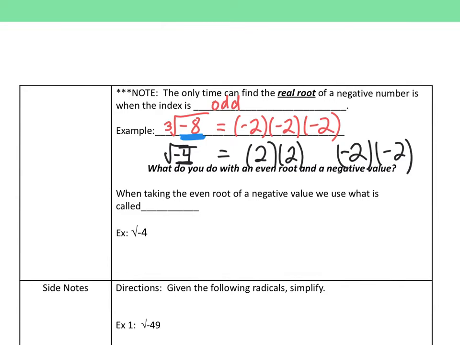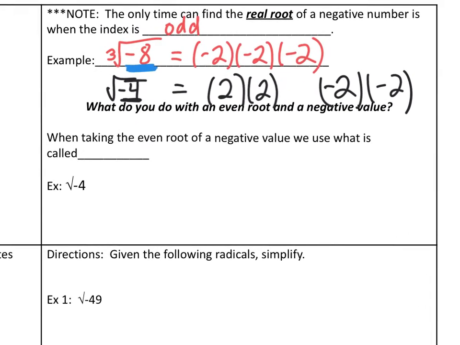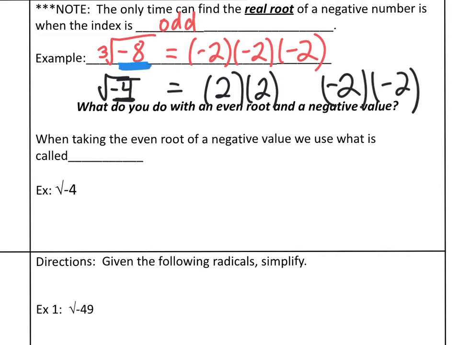Okay. So what do I do with that? How do I deal with the square root of -4? There is a way. Your calculator will not do it, which is why we've got to do it by hand. What it is called is taking the imaginary number. Anybody heard of that before? Heard of an imaginary number?